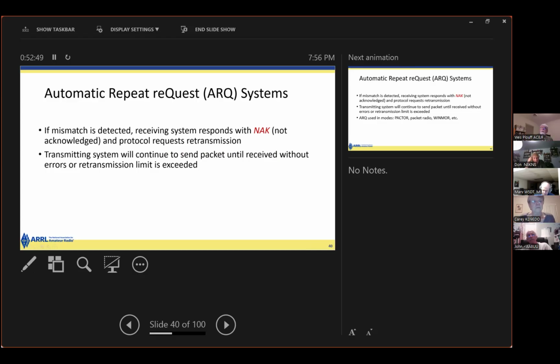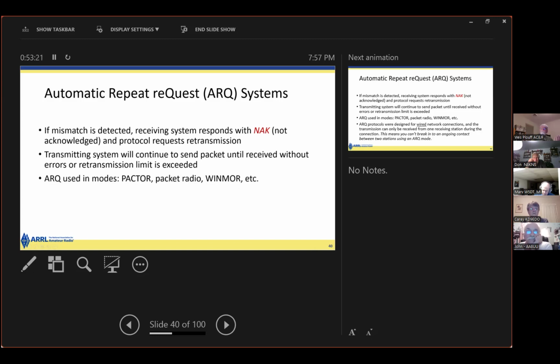So if the receiving system is receiving packets with errors, the transmitting system will resend the same packet until it receives a positive acknowledgement from the receiving station, or until it times out, until it's sent the same packet too many times, in which case your connection between transmitter and receiver is kind of hosed.